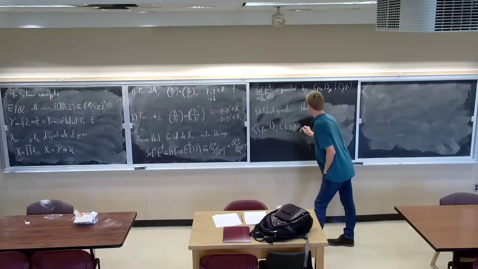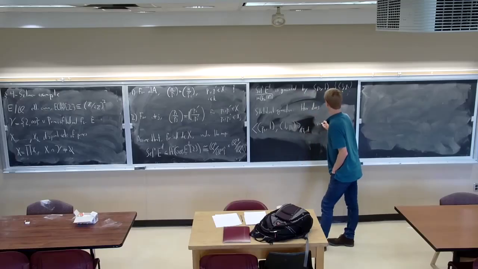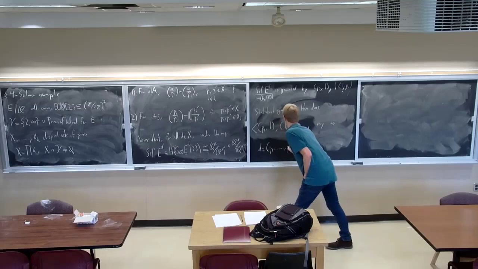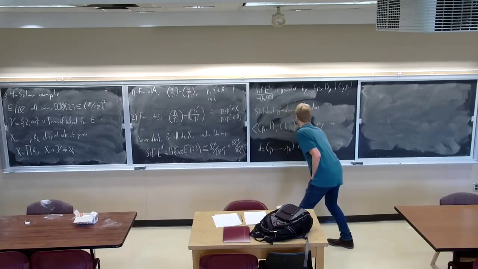Let me write down CT for Cassels-Tate. Vary as D equals P1 P2 varies in X.